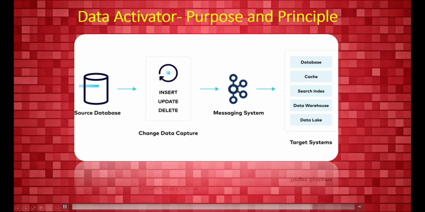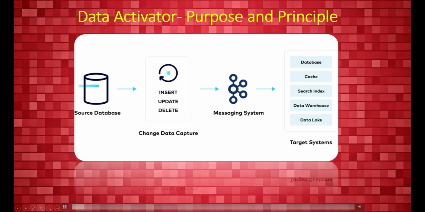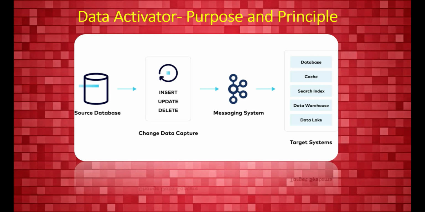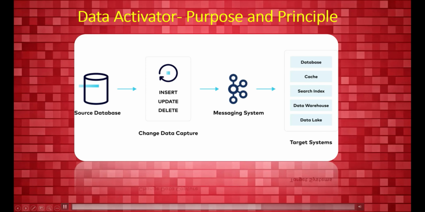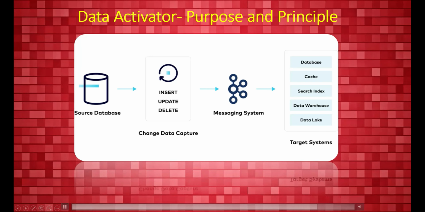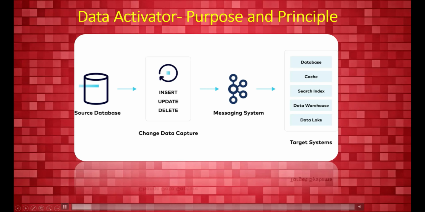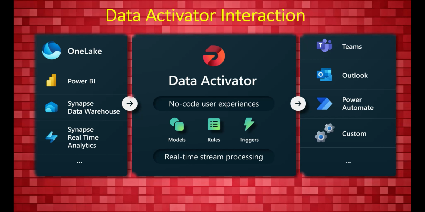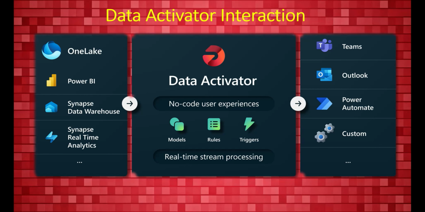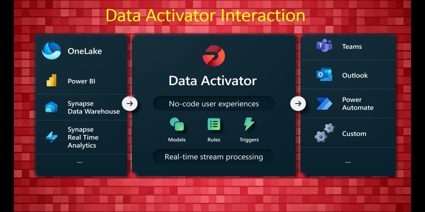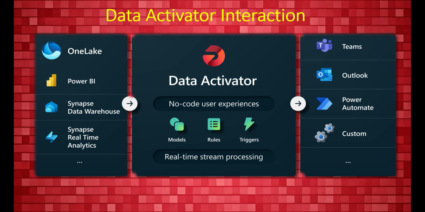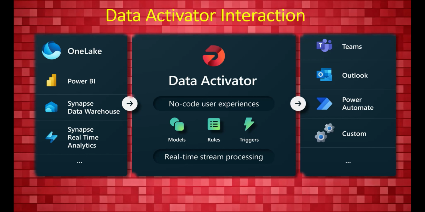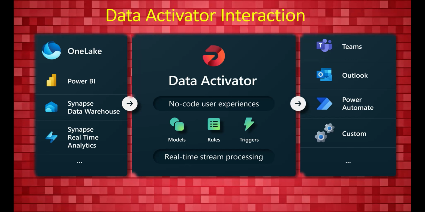The Data Activator's purpose and principle is to read the data from the source system and write to the target system with some triggers and actions, and without code. In this slide, we will see how exactly Data Activator works and what the main core activities are that Microsoft Fabric Data Activator does.